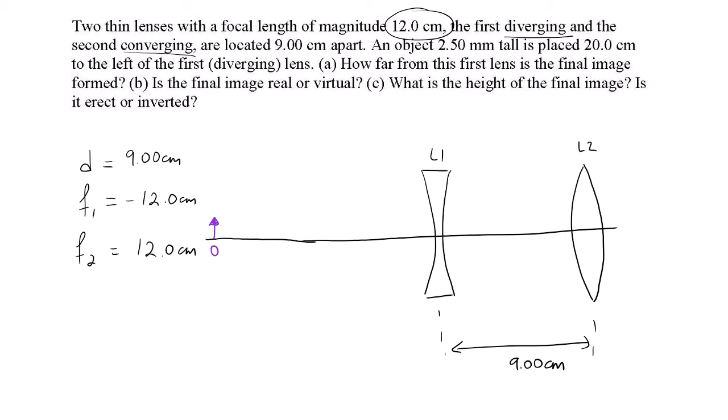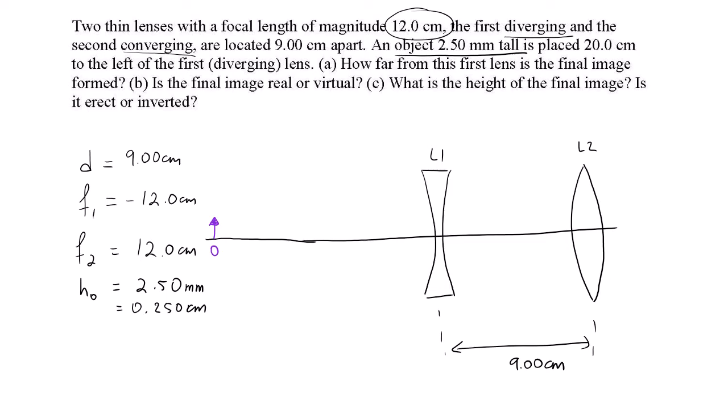So height of the object, because it is how tall the object is, is 2.50 millimeters, or that could be written as 0.25, or it could be equal to 0.250 centimeters.